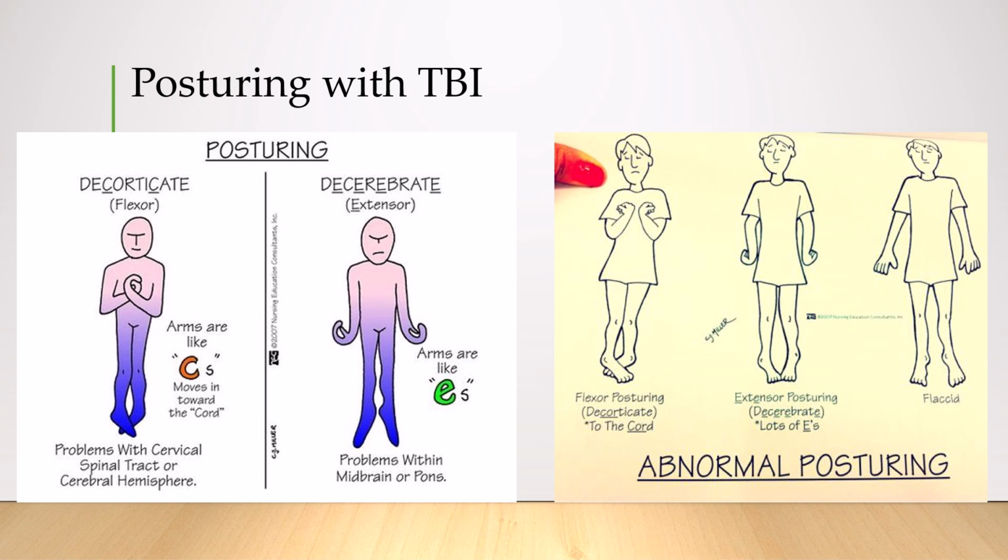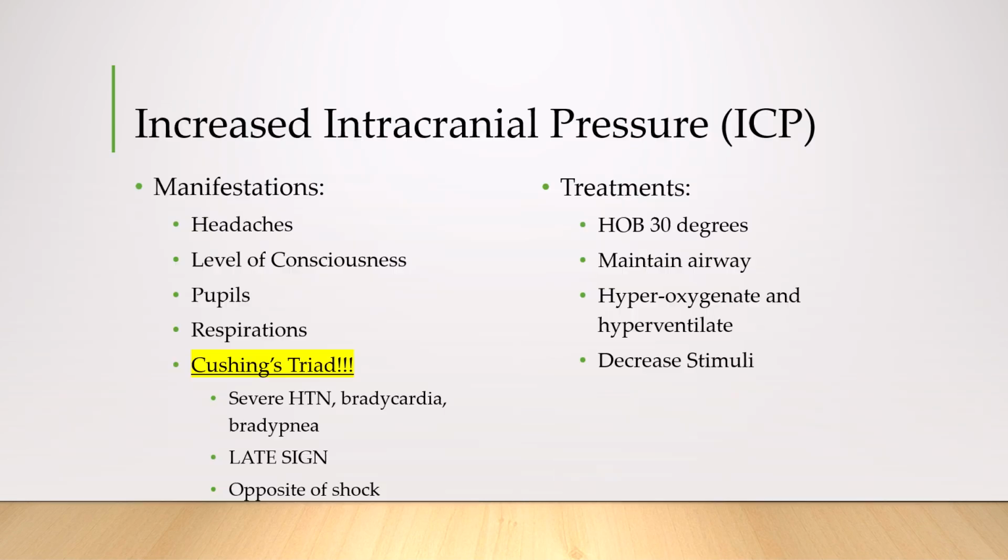Something has changed if posturing happens rapidly. Again, with the increase in cranial pressure, typically the head of the bed is always at 30 degrees. So it's typically one pillow, maybe two, depending on how flat they are.